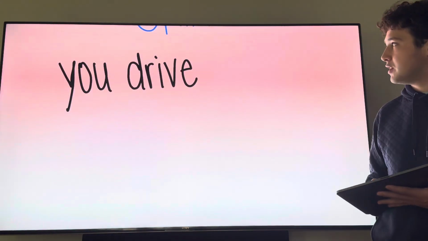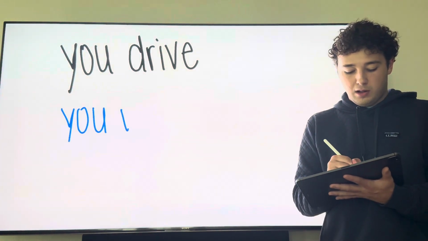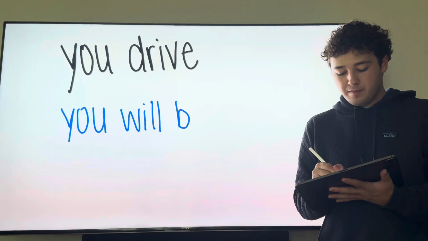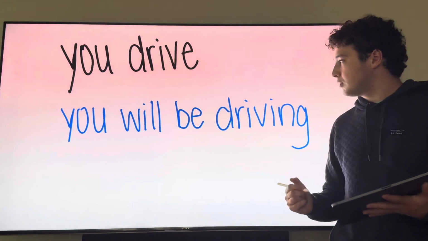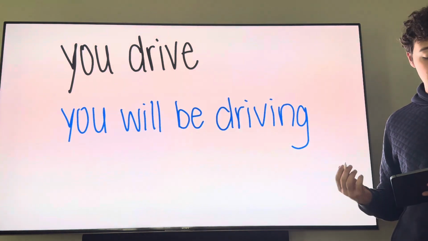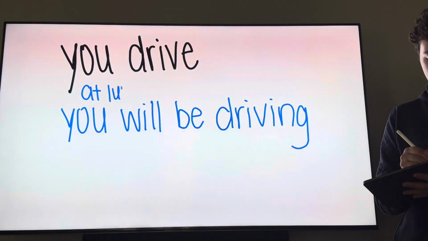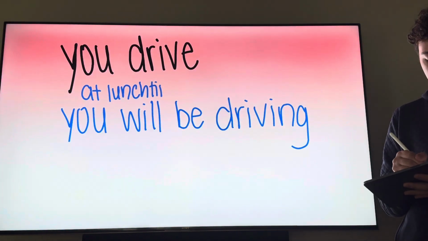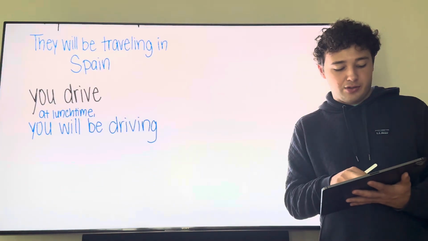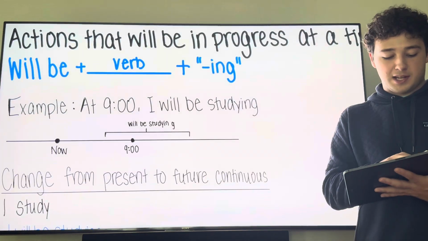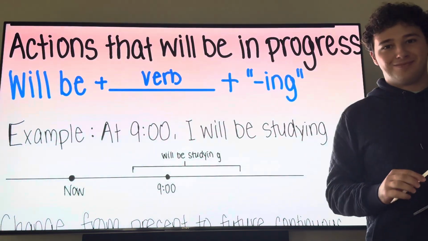You drive would become you will be driving. This would often be in a sentence such as at lunchtime, you will be driving. So that is it. That is how you form the future continuous. Simply will be, verb, and ing.